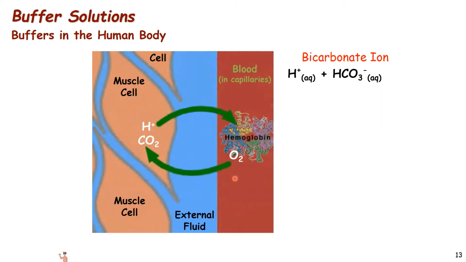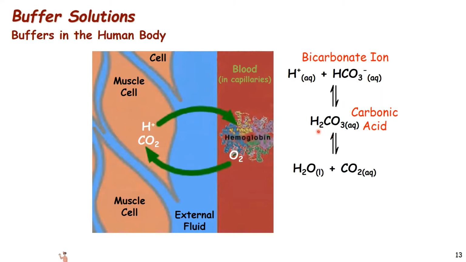And so from the red blood cells, oxygen is transferred to the muscle cell, okay? And then the acidic proton is transferred to the hemoglobin. And so basically then we go from the hydrogen ion, and then there's the hydrogen carbonate ion. It forms carbonic acid, right? But we know that carbonic acid is unstable and dissociates into water and carbon dioxide gas.